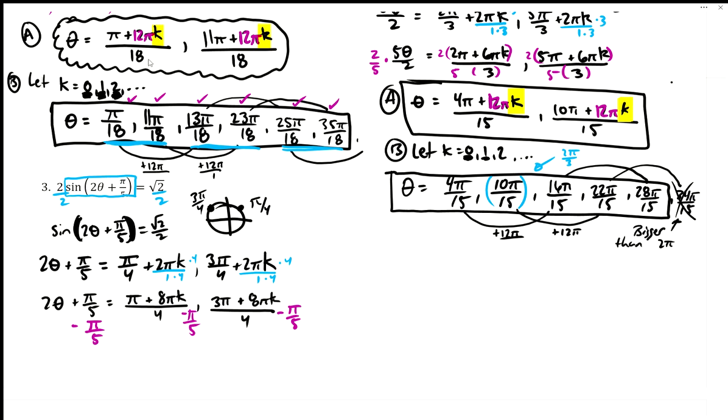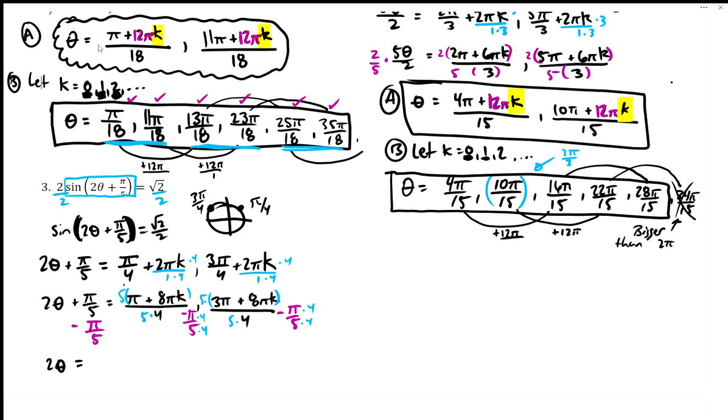That means this now also needs to get multiplied by 5 on the top and bottom. And these need to get multiplied by 4 on the top and bottom. That will now give us 2 theta by itself at least.